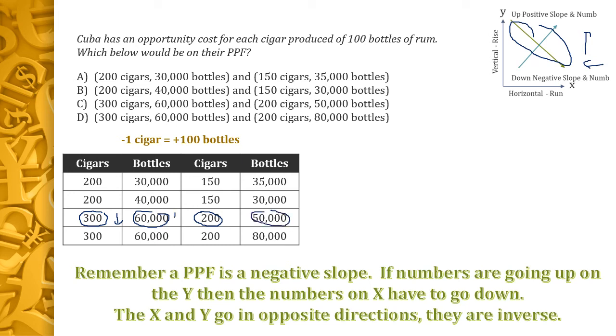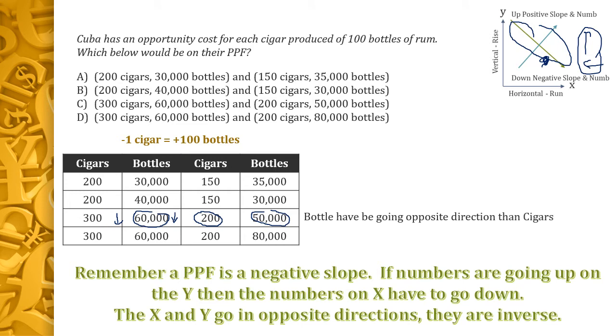So this is also going down. But we know that that can't happen because when we talk about demand curves, they have to go in two opposite directions. So I already know that I can basically eliminate this choice because bottles have to go in the opposite direction of the cigars.